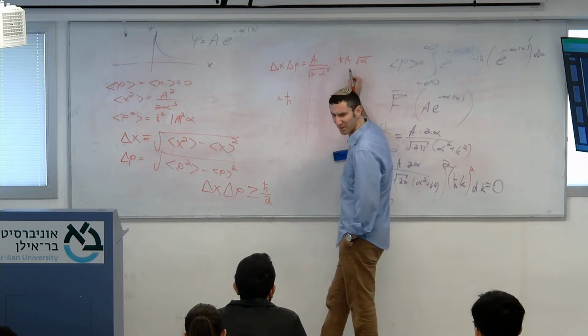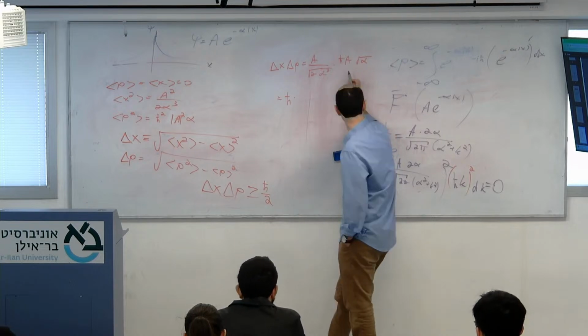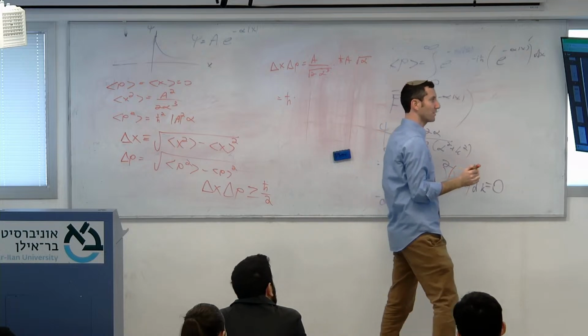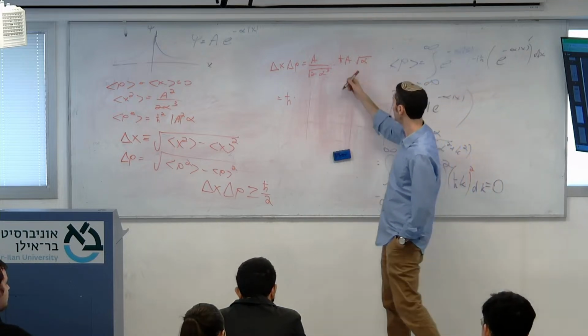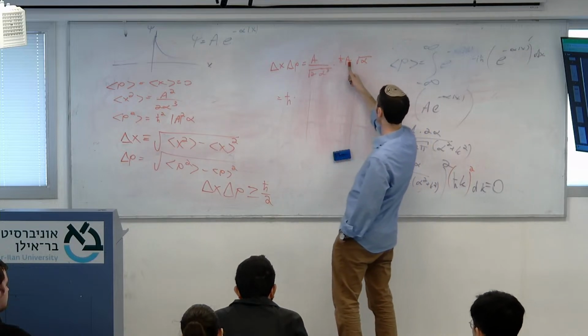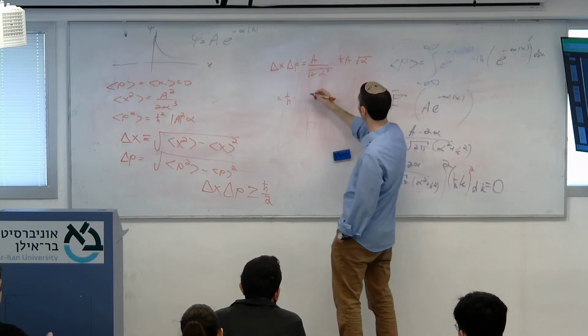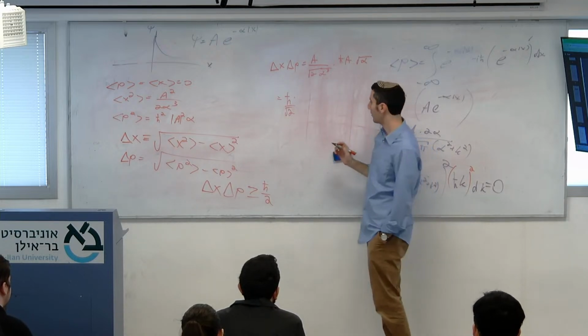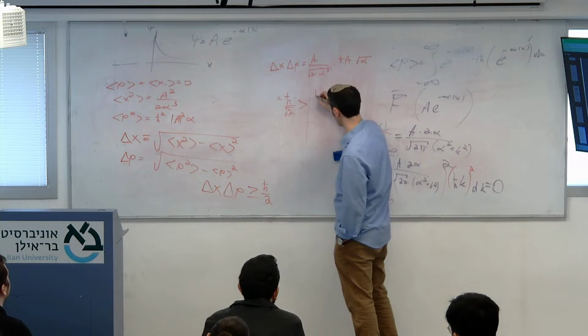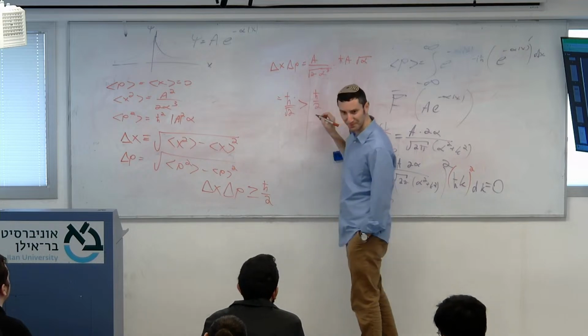What is a squared? I think we saw that a squared is alpha. Yeah, it's alpha. It was the square root of alpha. Right? Okay, so a squared is alpha. If a squared is alpha, I get h bar over square root of 2. Now, it might be confusing, but h bar over square root of 2 is bigger than h bar over 2.